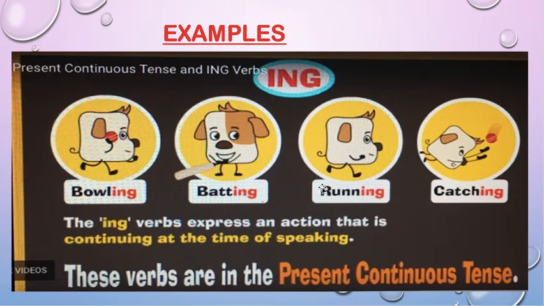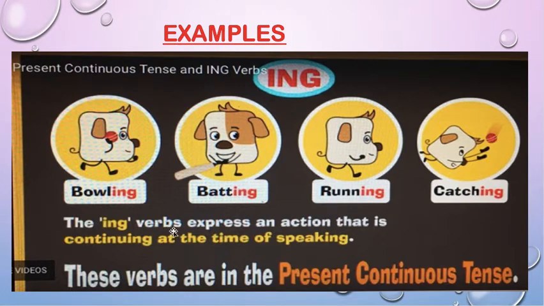Run is the base form, and they are adding ing to it: running. For batting and running, the last letter is doubled. There are certain rules which we will follow for adding ing to the base form of the verb, so I will explain in the next slide. Run plus ing, running. Catch plus ing, catching. Got it, students?